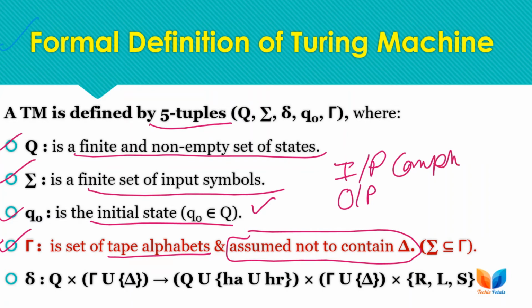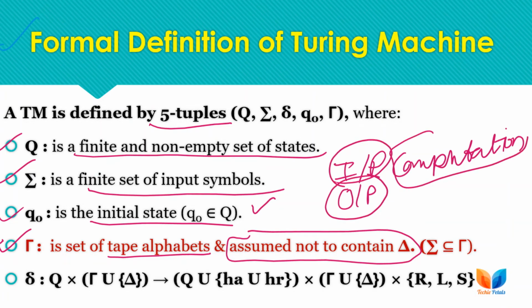So input symbols, union output symbols, and the symbols we require for any computation or any check will comprise the tape symbols. You will be clear with these computation symbols and output symbols once we start with the examples.